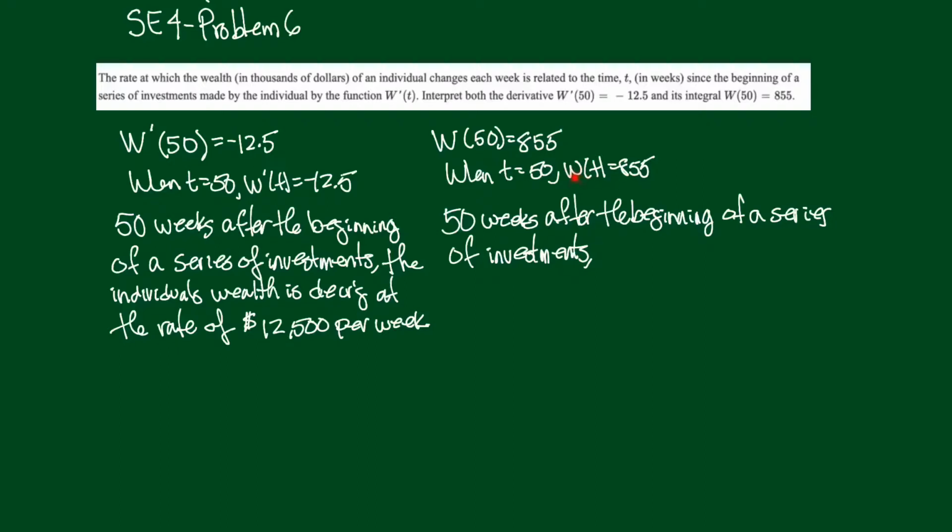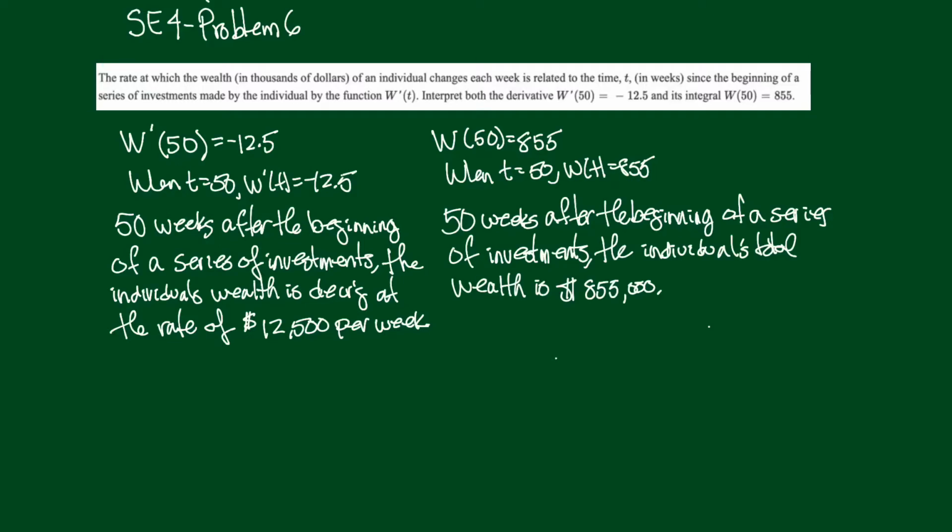Well, what is W? Well, W is the antiderivative of this rate function over here. So this is the total, right? When you integrate, you get the total. So this is the accumulated wealth. So the total wealth is 855,000. Let's write it.